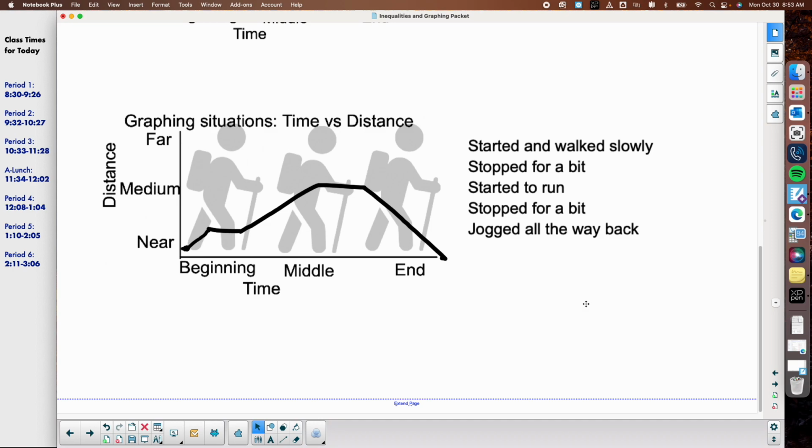And if they finished walking in the middle, what would happen? Let's call in the next person. Yeah, definitely. Alex, let's say this line didn't go to the bottom. Let's say this line ended up like right here. What would that mean and what would happen? If they stop walking in the middle, they don't make it back.